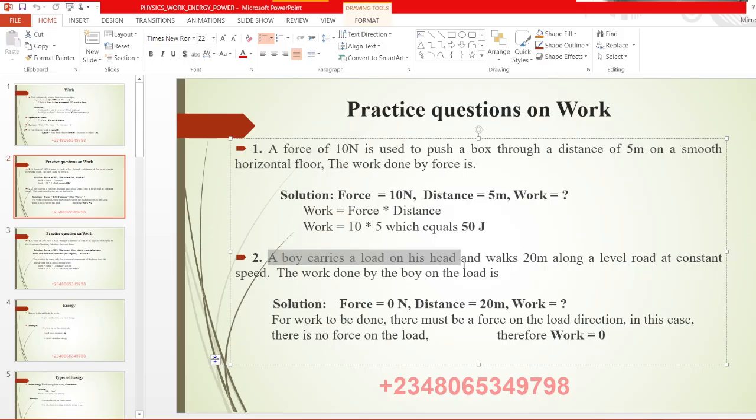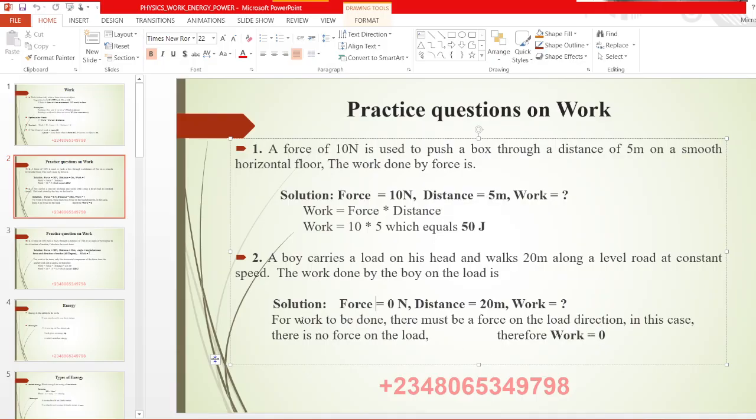So the work done by the boy is: force is 0 newtons, distance is 20 meters, and work is what? It will now be force times distance, knowing fully well that force is 0 newtons. The work done will be 0.